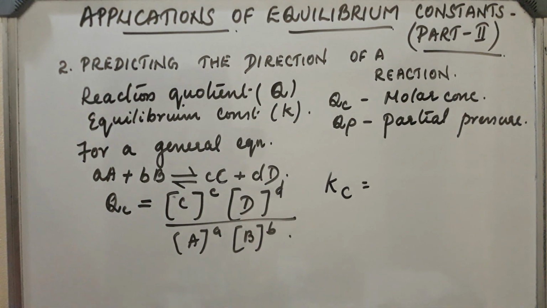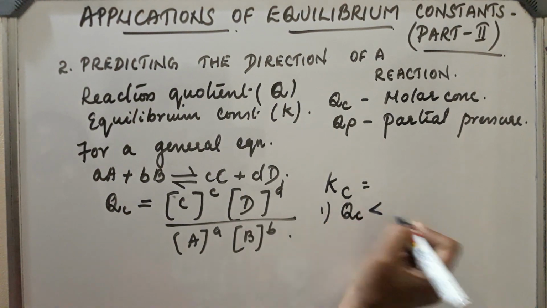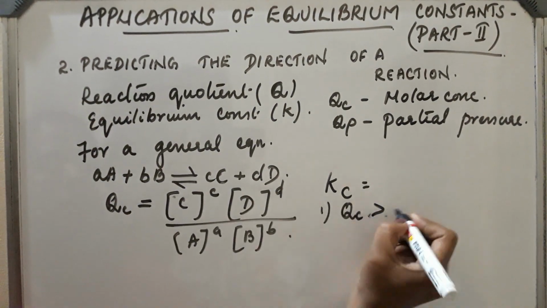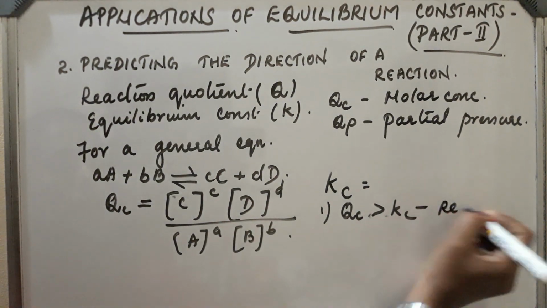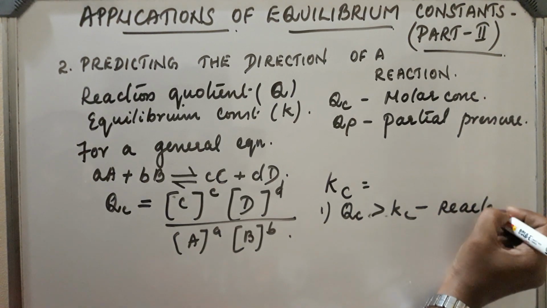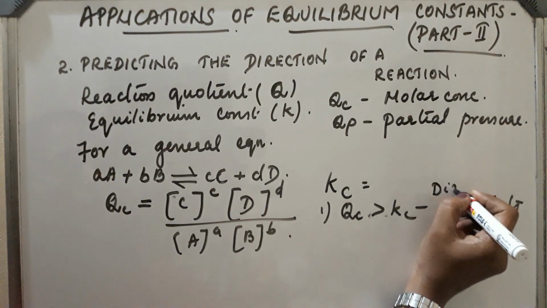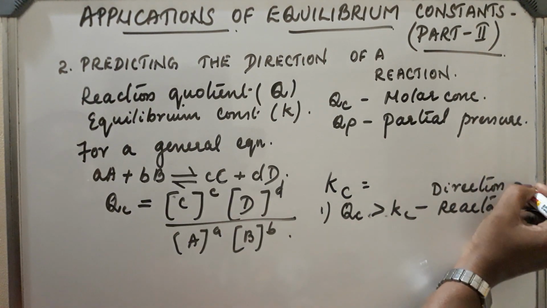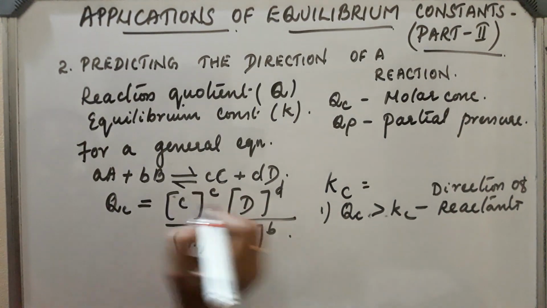The first case is if QC is greater than KC. If QC is greater than KC, then the reaction will proceed in the direction of the reactants, that is, the reaction will take place in the reverse direction.